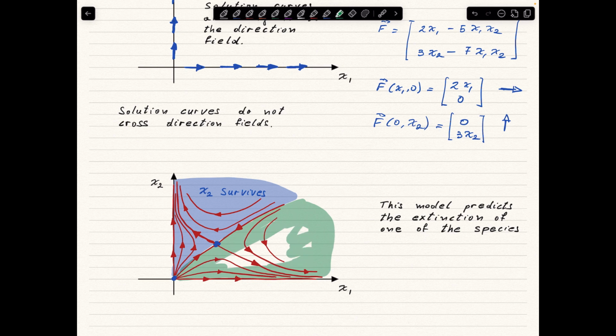But if you give initial data on any point on this side of this curve, then here x1 survives.